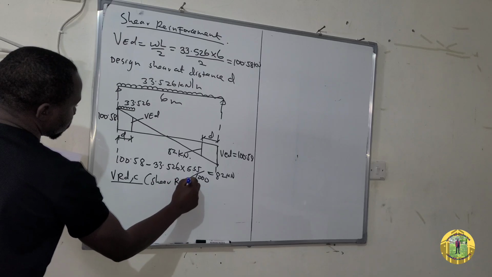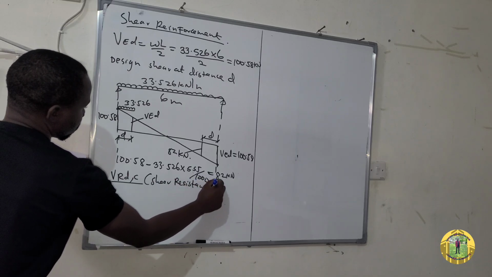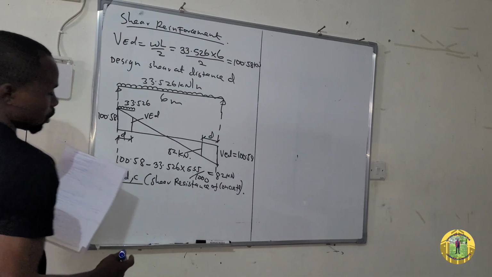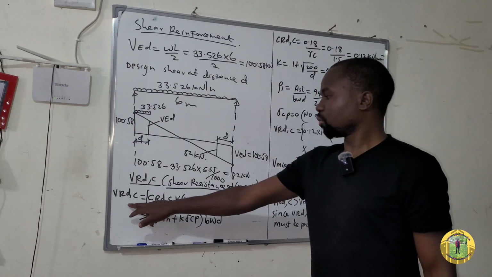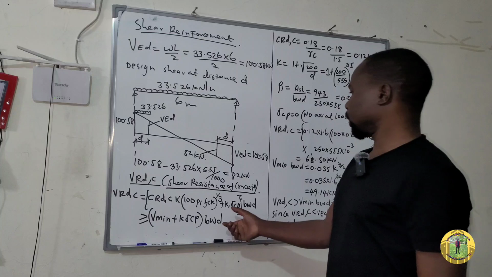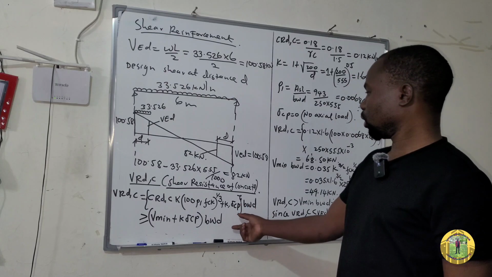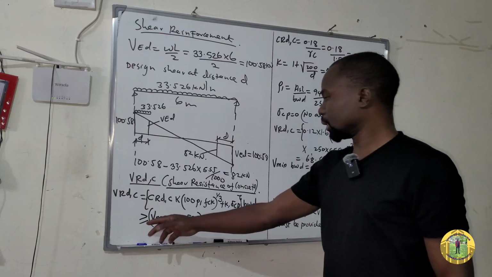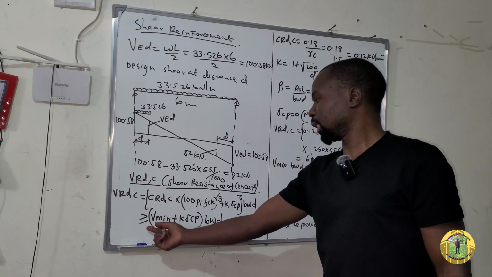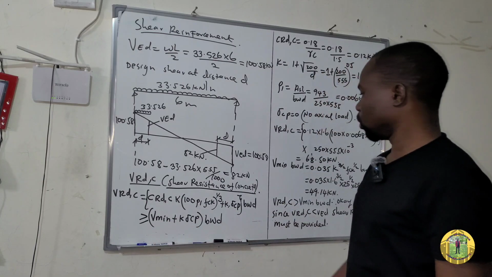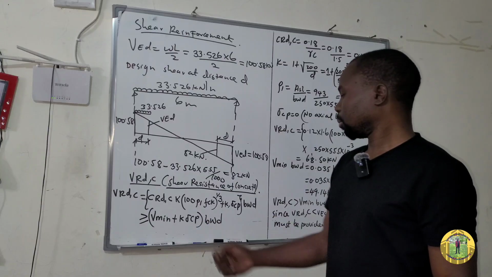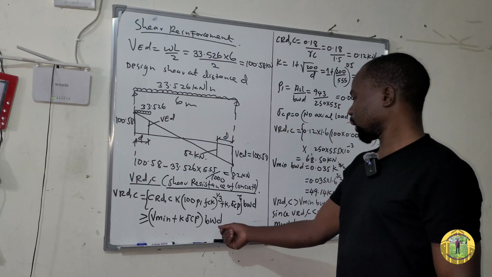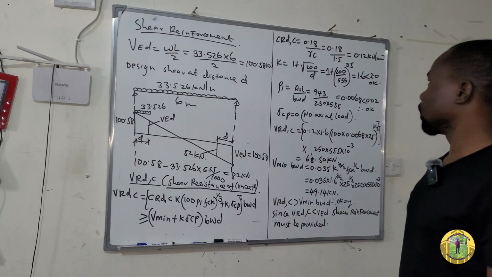So VRDC, which is the shear resistance of concrete without reinforcement, is given by this formula, and VRDC must be greater or equal to V min plus K1 times the compressive stress in brackets, times BWD.